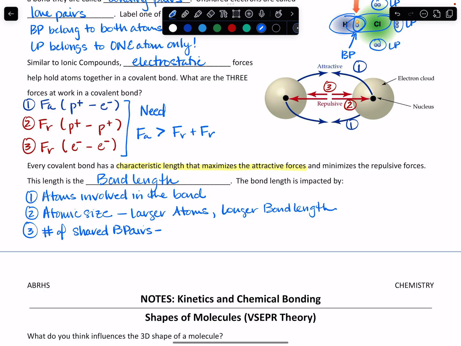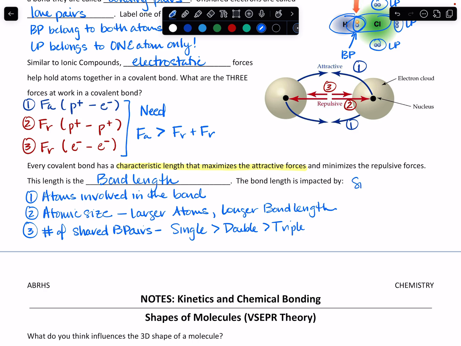All right. So what that really means is a single bond's length will be greater than a double bond, and a double bond's length will be greater than a triple bond. I should just take a moment to mention that up in the picture above, we showed one shared pair between two atoms. That is a single bond.